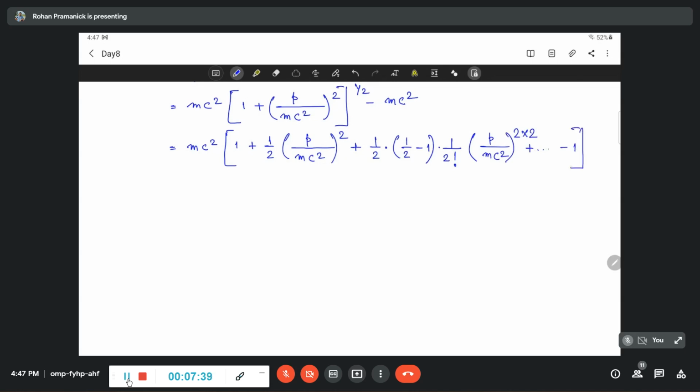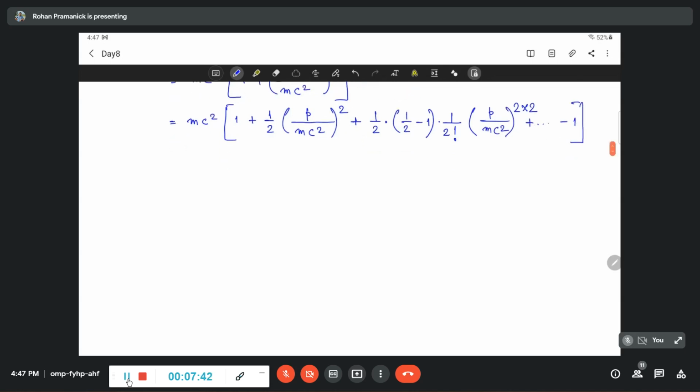This minus 1 is coming from the negative mc squared part. So this becomes mc squared times p squared by 2 m squared c squared, minus 1 over 8 p to the power 4 by m to the power 4 c to the power 4, plus this thing.